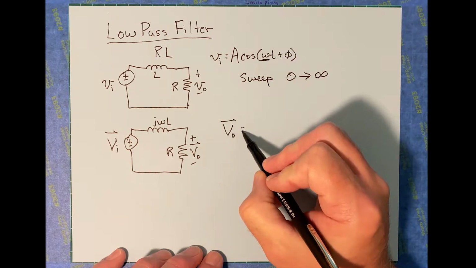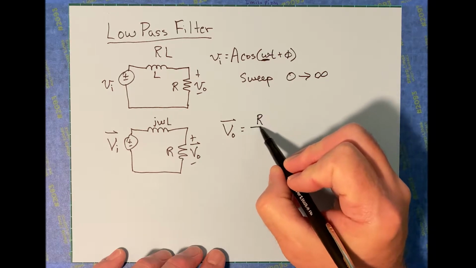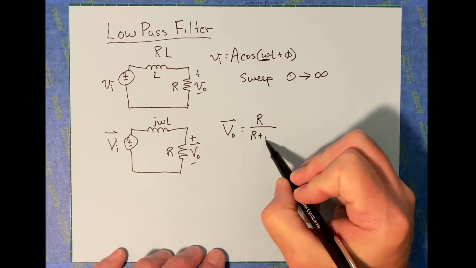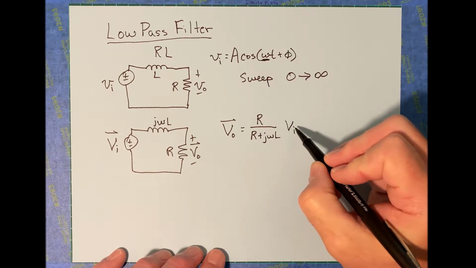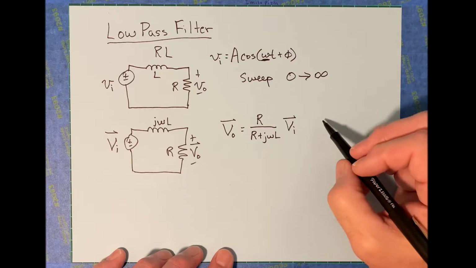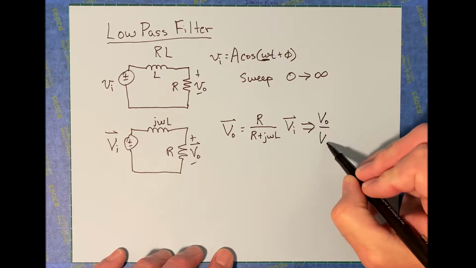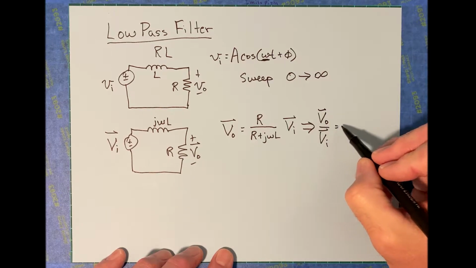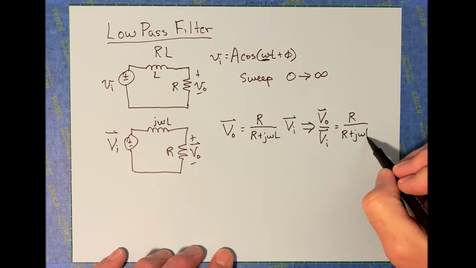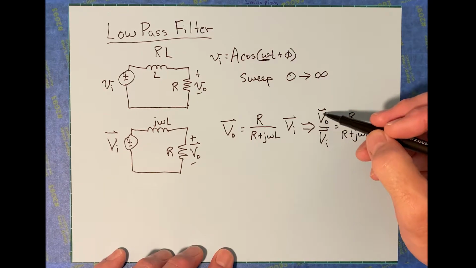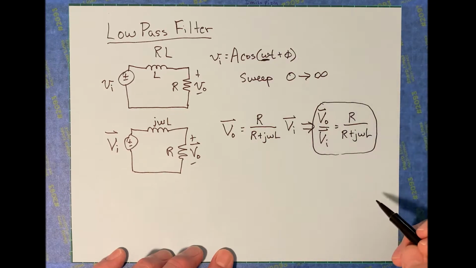Phasor V output is going to be the ratio of R over R plus j omega L times V input. So the ratio of output to input, V output over V input, phasors, is just R over R plus j omega L. That right there is a transfer function.